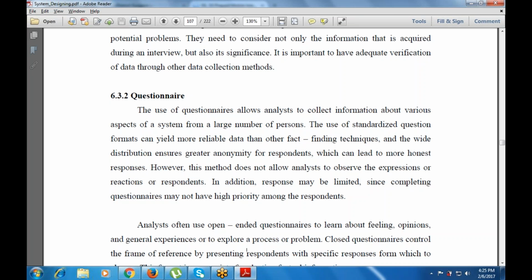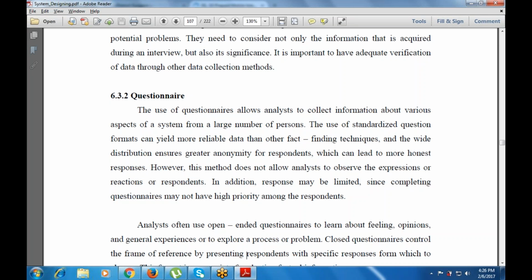The use of standardized question formats can also yield more reliable data than other fact-finding techniques. Wide distribution also ensures greater anonymity for the respondents, which may lead to more honest responses.